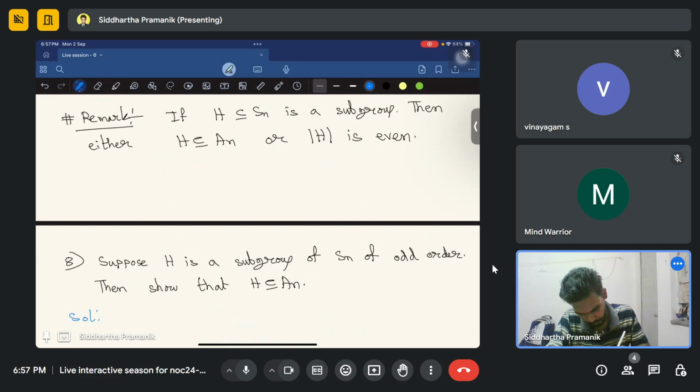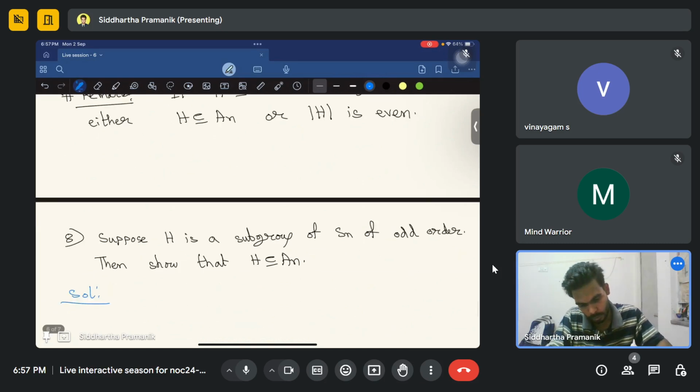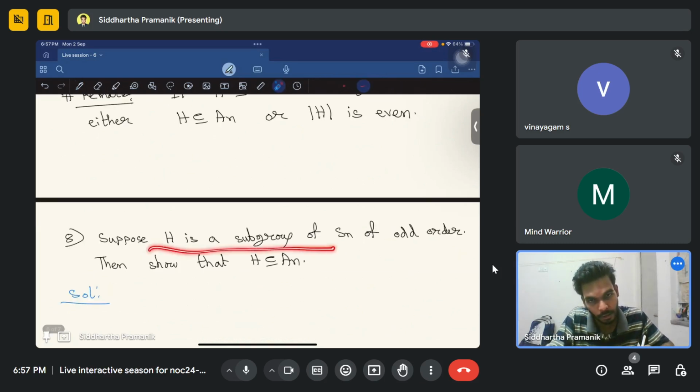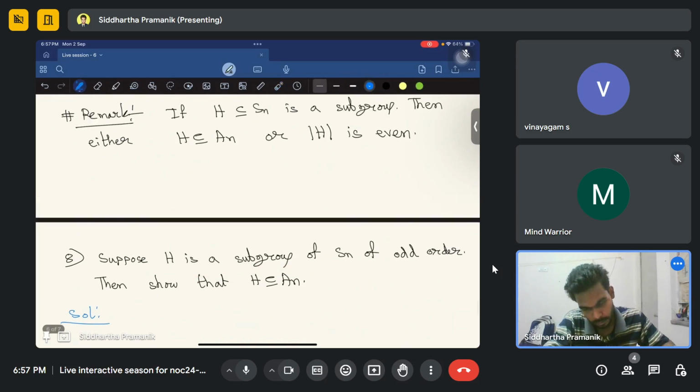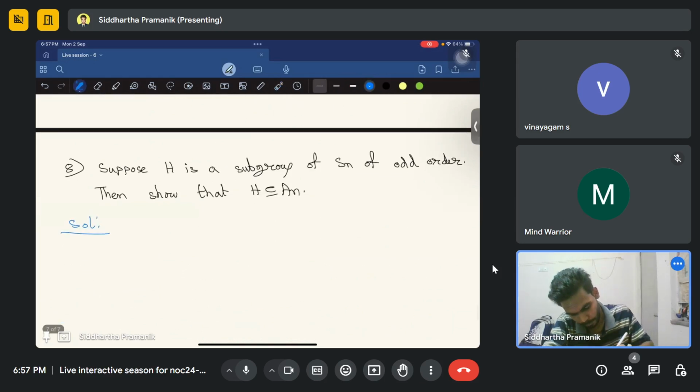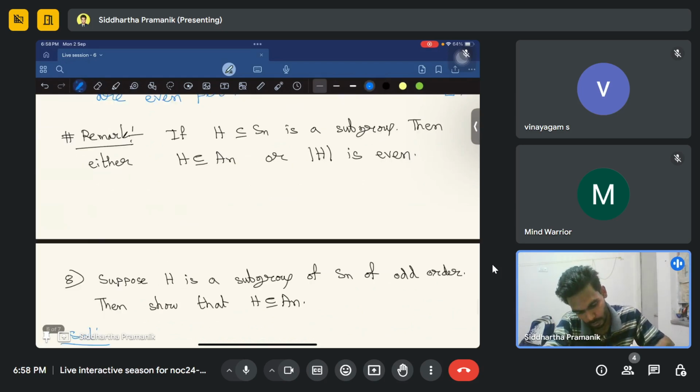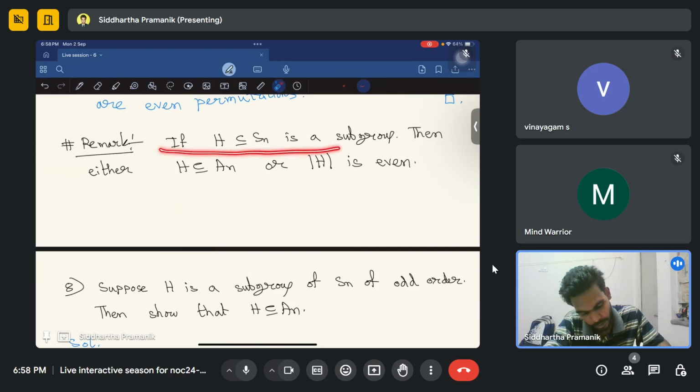So if H is a subgroup of Sn of odd order, then H has to be a subset of An. Let's use the previous problem. Either H is a subset of An or the order of H is even.